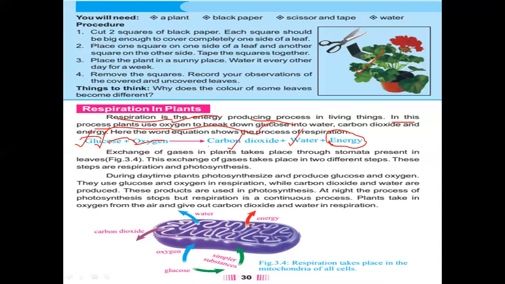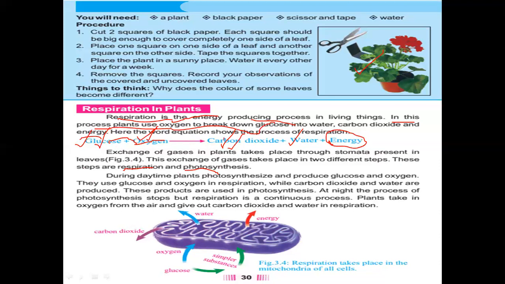So exchange of gases in the plants takes place through stomata present in the leaves. What type of exchange of gases? Intake of oxygen and exhale of carbon dioxide. This exchange of gases takes place in two different steps, respiration and photosynthesis. Plants take in oxygen in respiration but take out oxygen in photosynthesis.